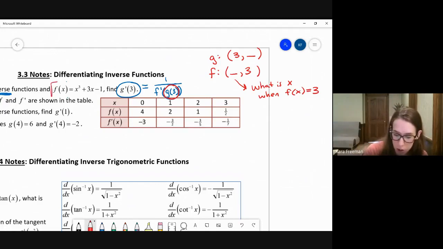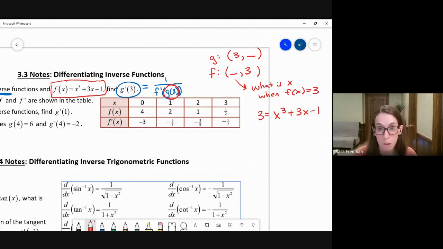Now, here's my function f. So I've got to figure out when f is equal to 3. Now I'm going to tell you, we already said we couldn't solve for that variable. You cannot solve for x here easily. What you have to do is guess and check.